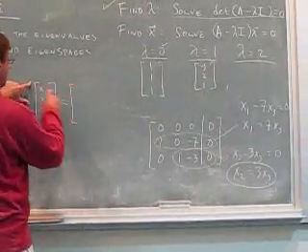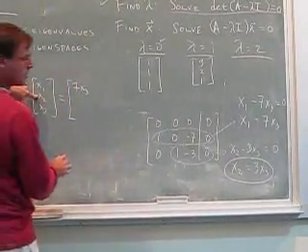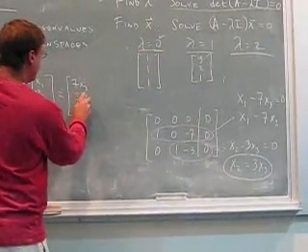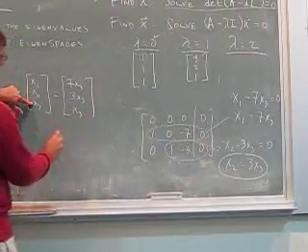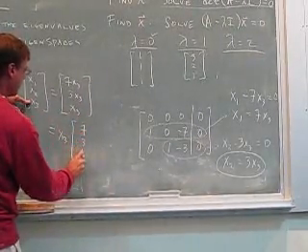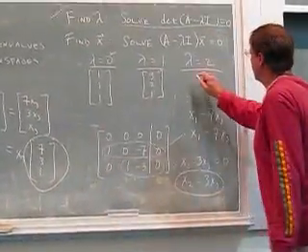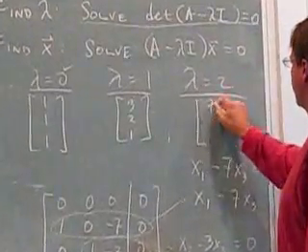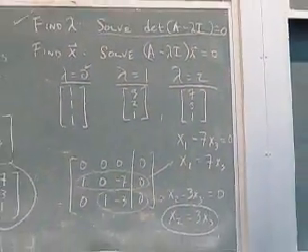So I know that x1 is 7x3, x2 is 3x3, and x3 is just x3. So that's x3 times 7, 3, 1. That's the eigenvector: 7, 3, 1.